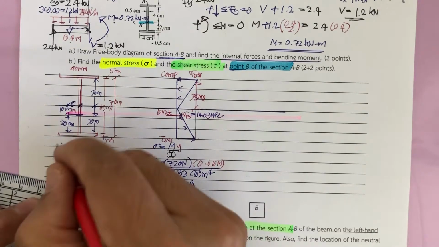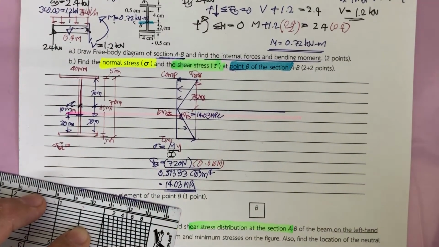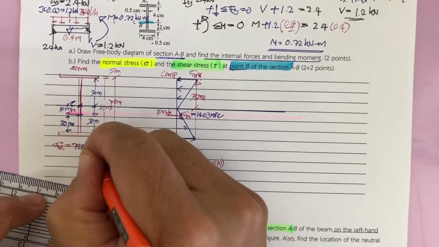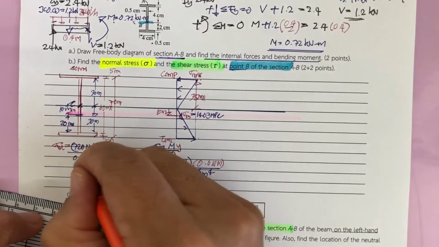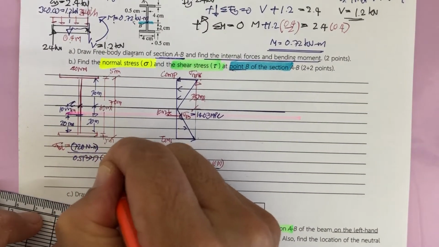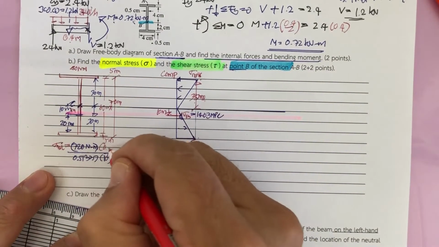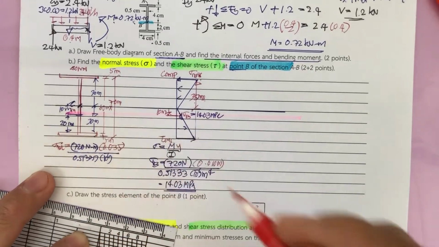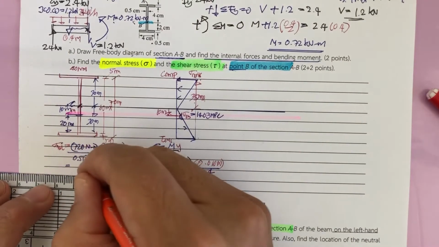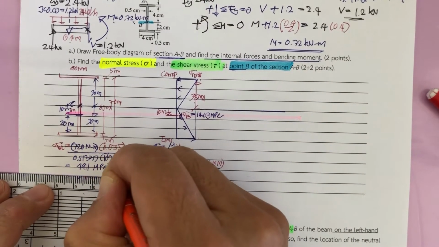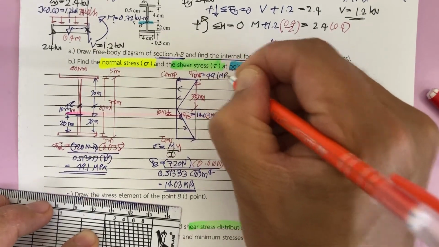Put this in for sigma max: it's the same 720 Newton meter, the I is still 0.51333 times 10 to the minus 6, and the distance is 35 millimeter, so 0.035 meter. If you put this in, you get 49.1 megapascal.